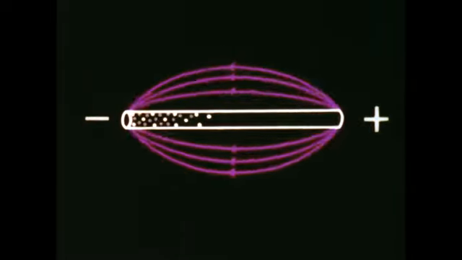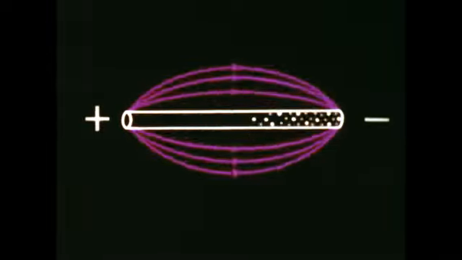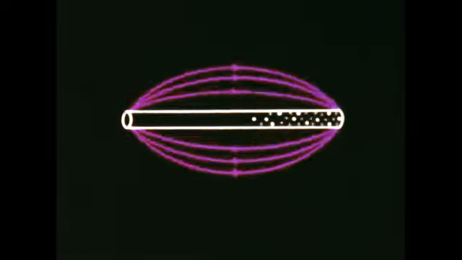This is known as the E field. The E and the H fields thus build and collapse 90 degrees out of phase with each other and constitute the antenna's immediate field.